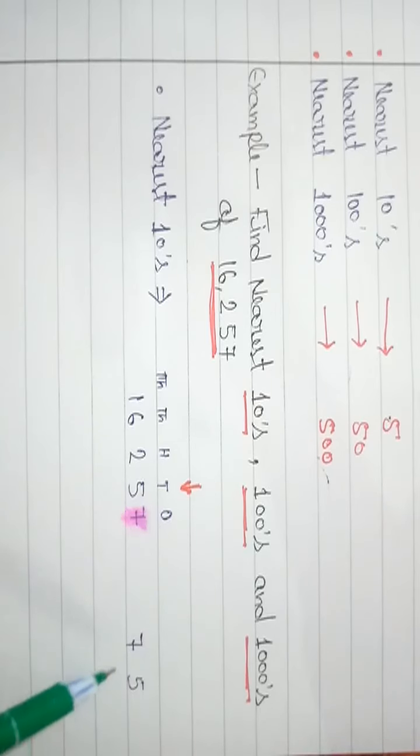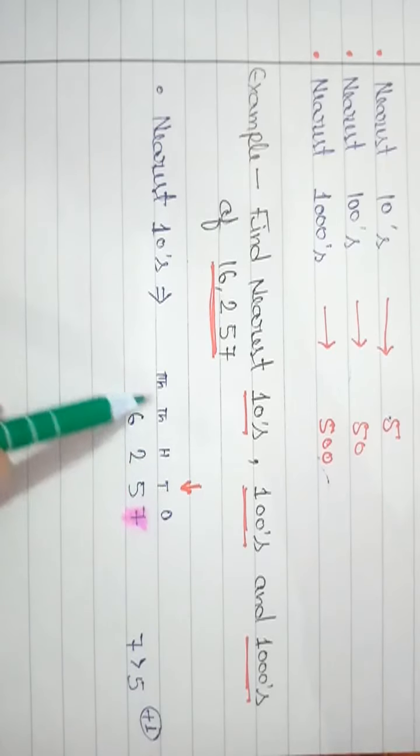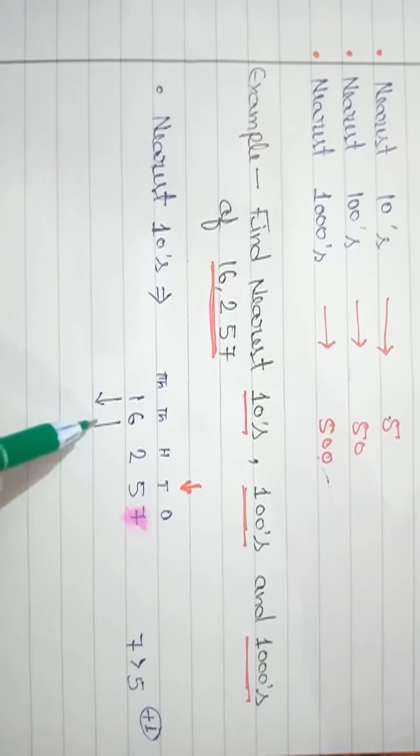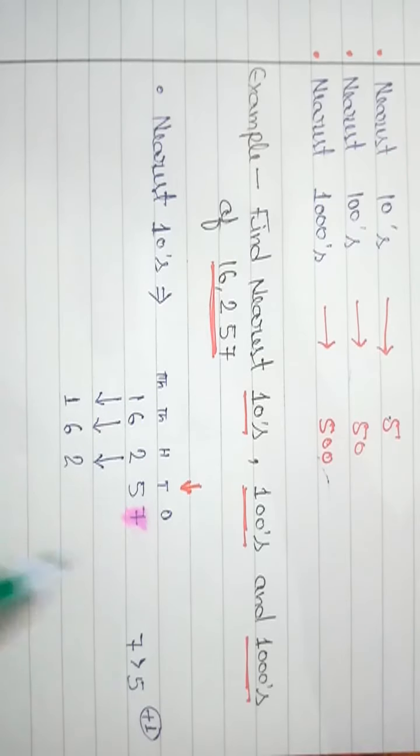Here we are seeing the 7 is bigger than 5, so we will add 1 in our target place and the left hand side places will remain same. जो भी हमारी left hand side पे places हैं same we have to write same, and जो भी हमारी highlighted place है वो हमारी क्या हो जाती है 0.